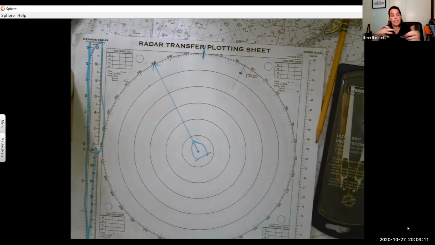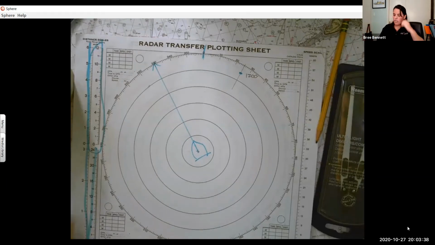6 minutes later, I get my range and bearing. So if we were in class and we were doing this together, you would be seeing that blip on the screen moving, noting it at one time, waiting 6 minutes, which you can do a lot in 6 minutes, right? 6 minutes is a long time. And then plotting another little blip 6 minutes later, range and bearing.